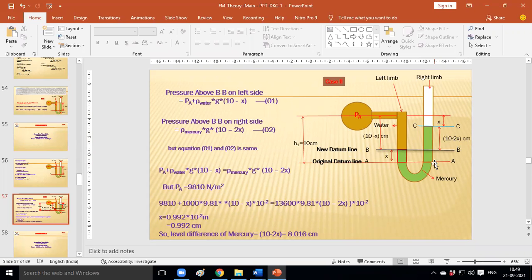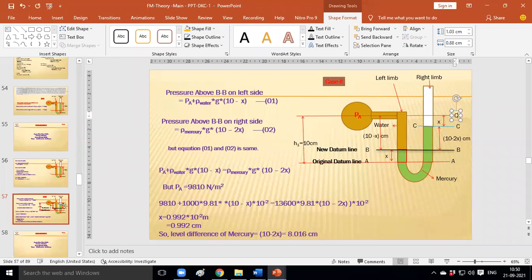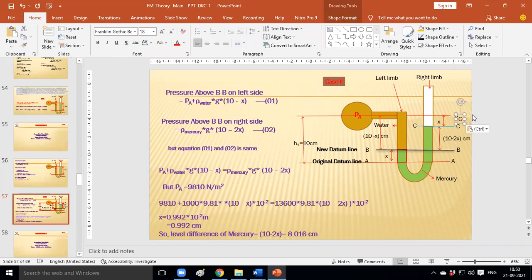Because we know the total height; we can call the center line CC dash. So we know the distance between CC dash and A dash is how much? 10 centimeter.